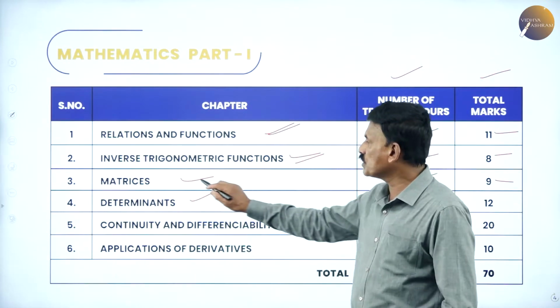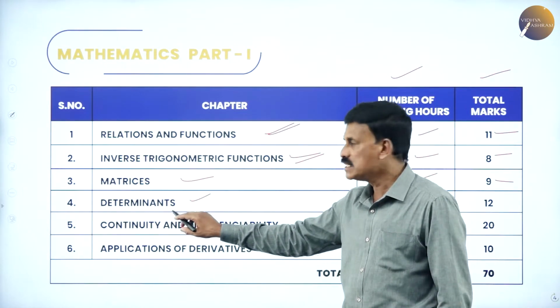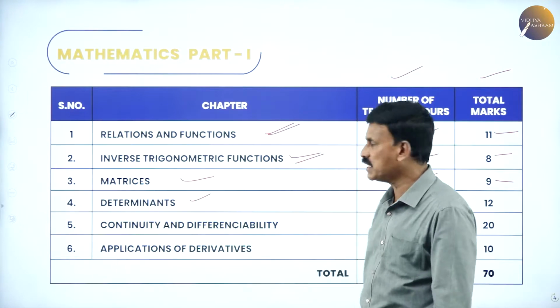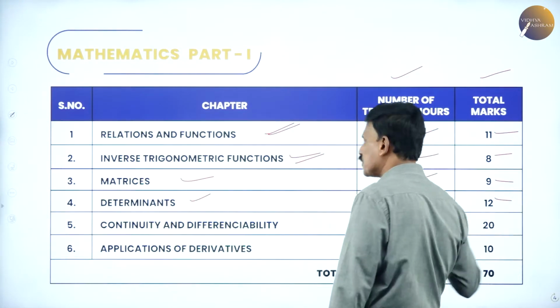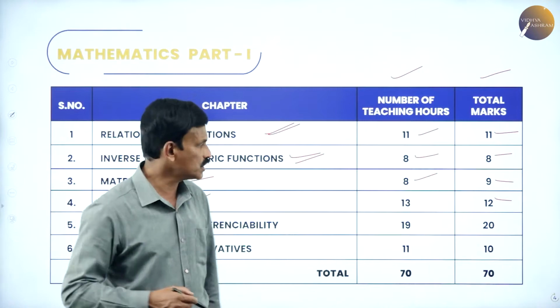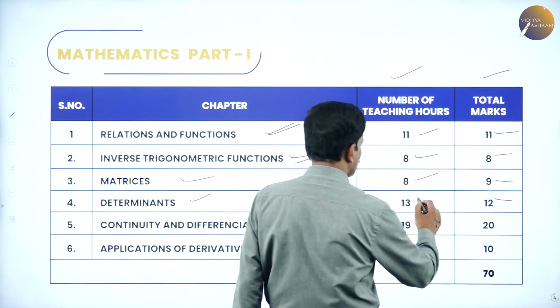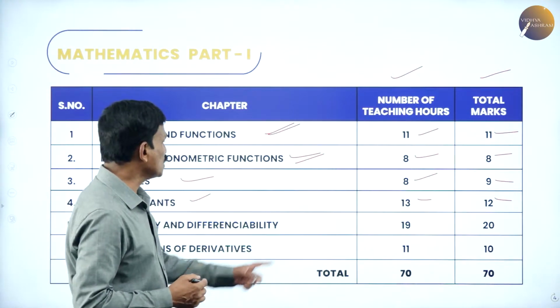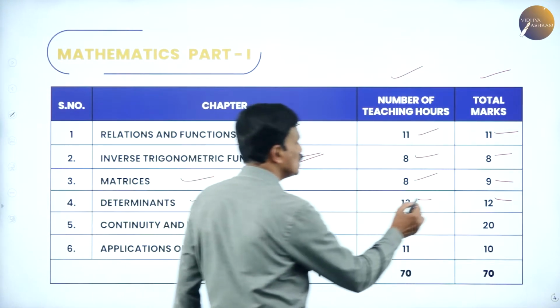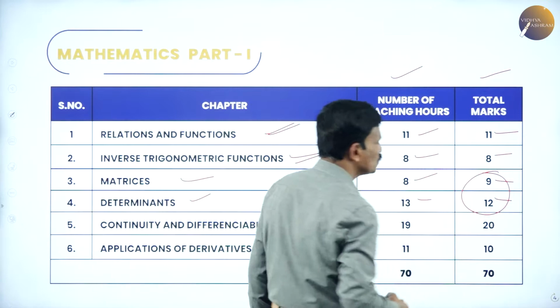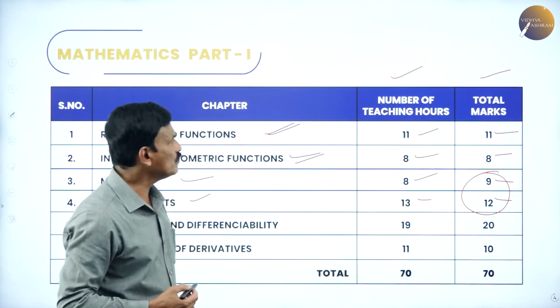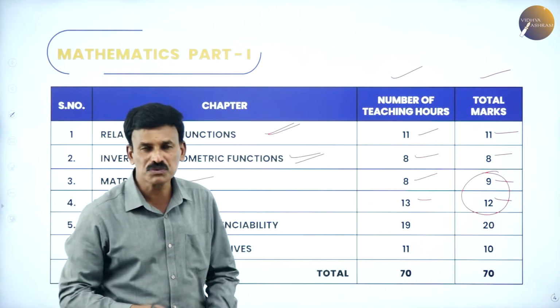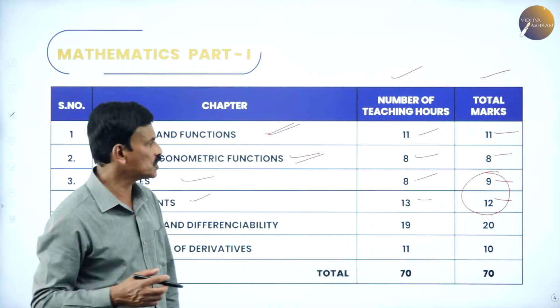Once you know the concept of matrices, you can easily solve the problems in determinants. The maximum marks for determinants is 12, and the total number of hours for this chapter is 13 hours. So totally, matrices and determinants will fetch us around 21 marks, and they are very easy chapters.